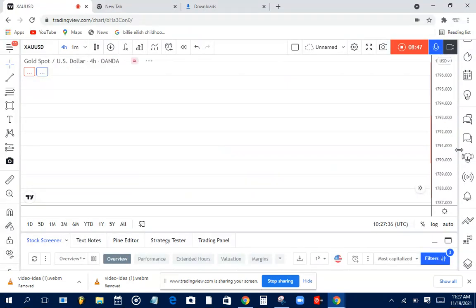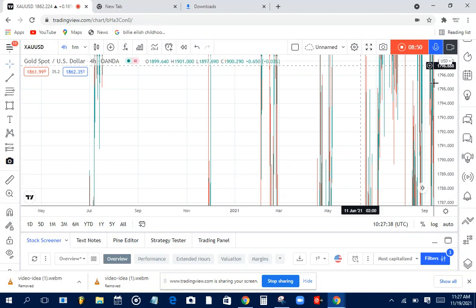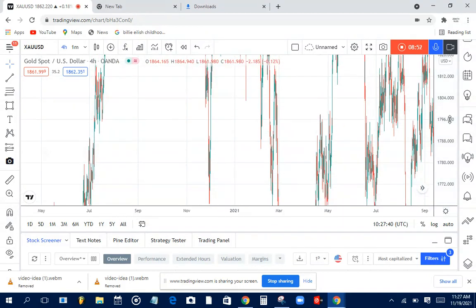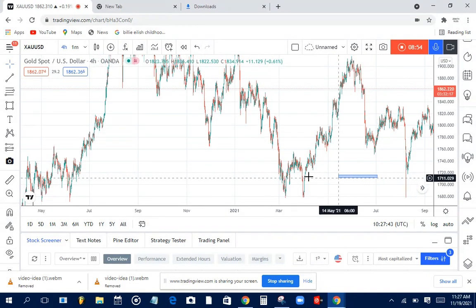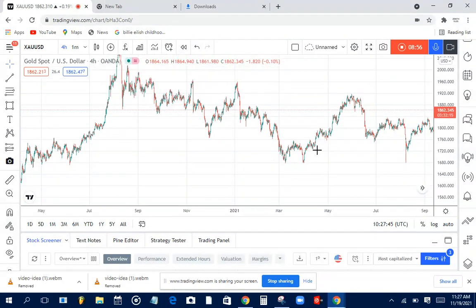So let me just pick the one available here. This is gold, this is gold 4 hours. This is XAU USDT. So for those of you familiar with Forex, this is Forex. You can see it's the same thing, just same chart, but different names and categories.